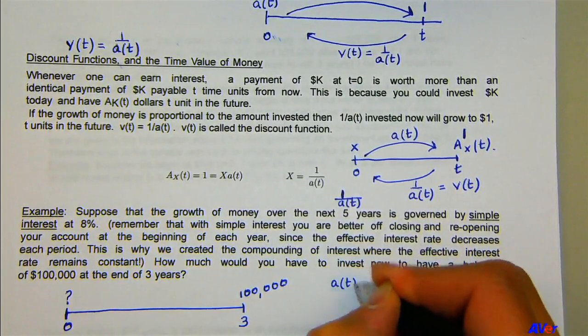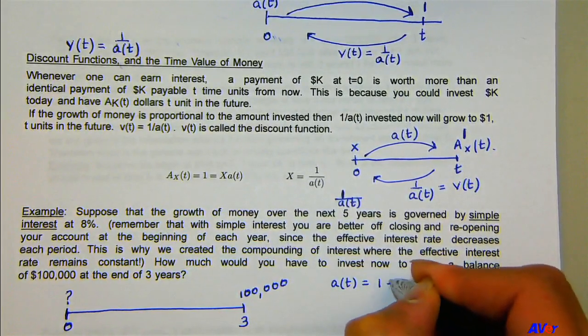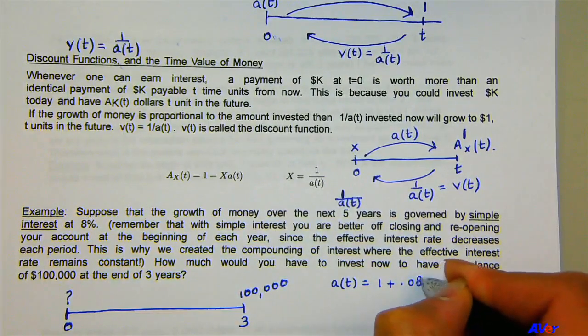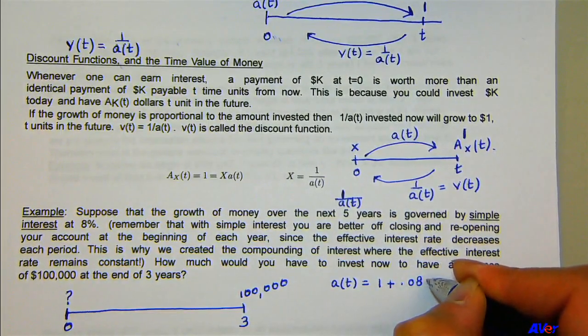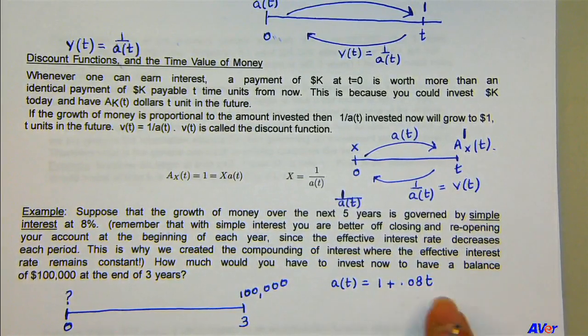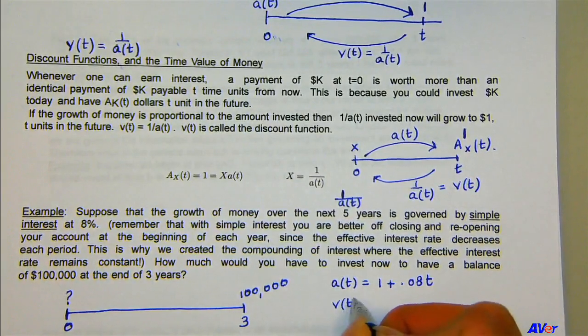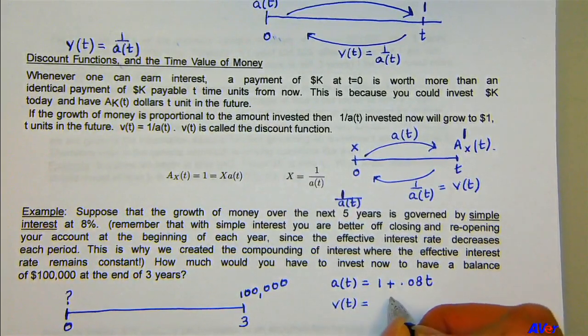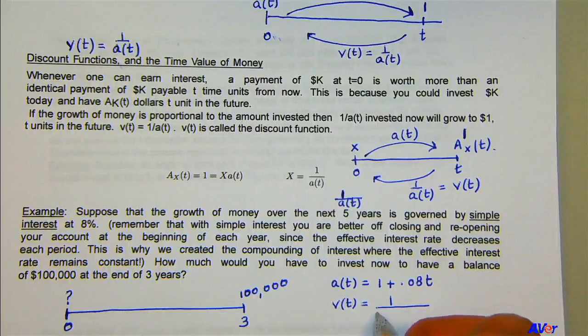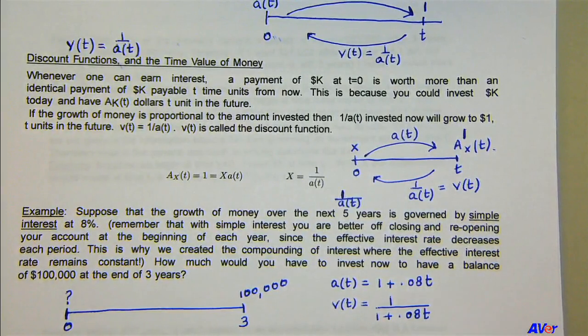Little a of t is equal to 1 plus 0.08 t, right. 1 plus it is the accumulation function for simple interest. Therefore, what is the discount function for simple interest? v of t equals 1 divided by 1 plus 0.08 t. All I have done is take the reciprocal, right?